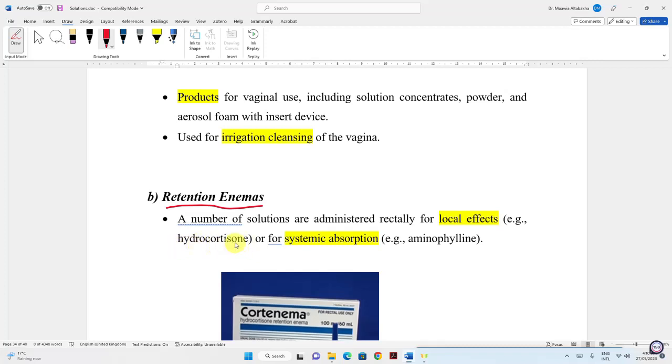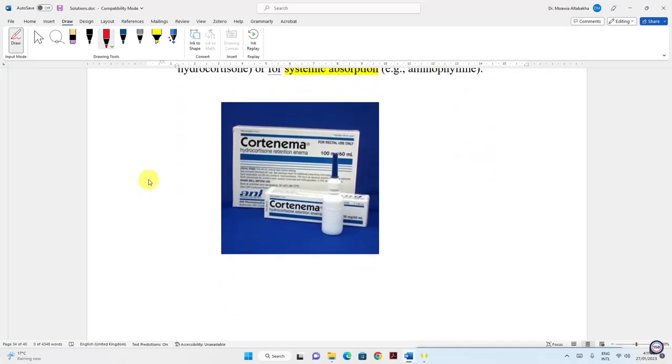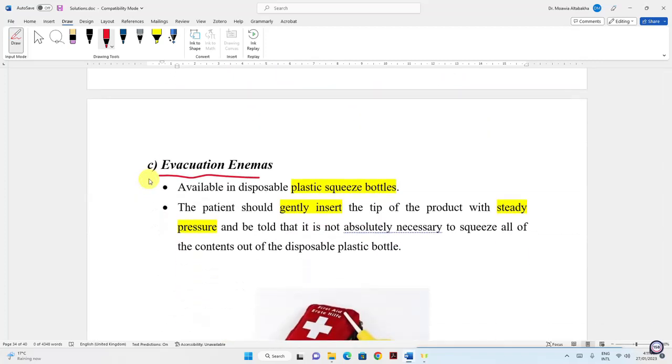So you use an anti-inflammatory drug for local effect, or it might be used for the administration of a drug for absorption, like for example aminophylline, which is similar to theophylline, which is used in the case of asthma, or aspirin, or some other drug like paracetamol can be administered rectally for systemic absorption. These are retention because they are retained, they are not supposed to come out. Okay, so it's either for local effect or systemic effect.